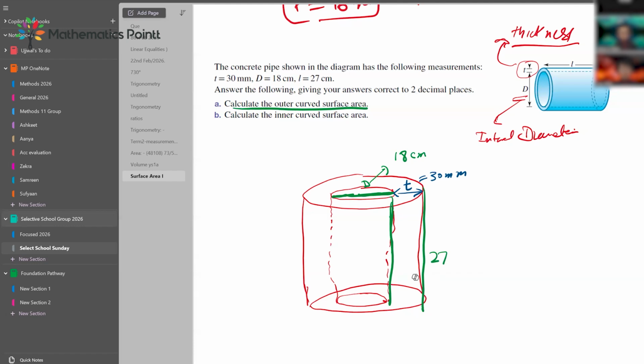Yes, you can leave it in pi, that's okay. Up to you. If that's comfy, give it in pi. Nitin, not right. Check your answer. No, the inner part's not 324.